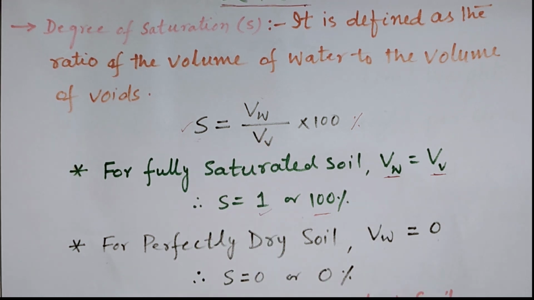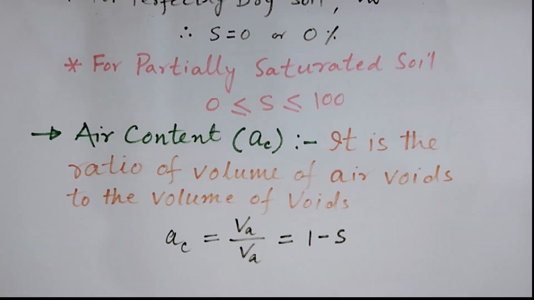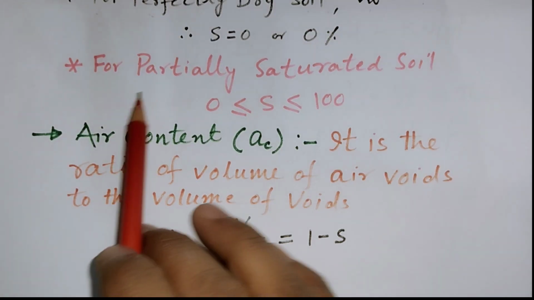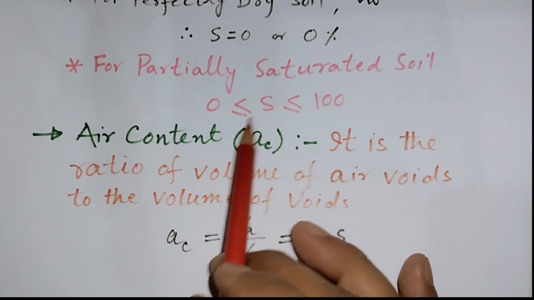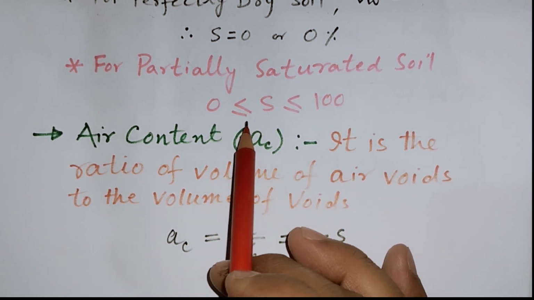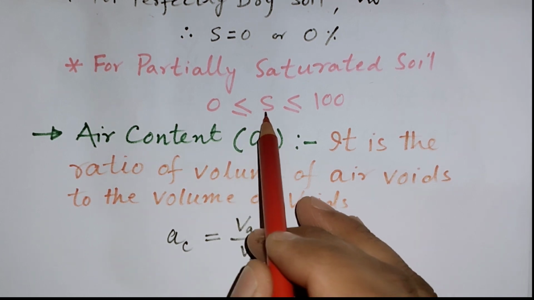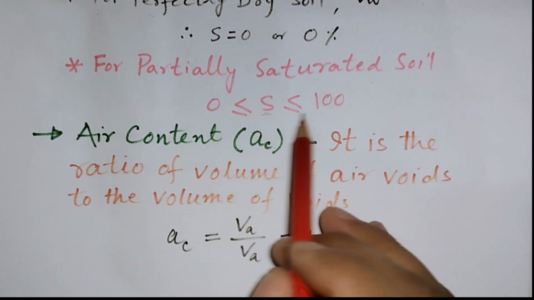So for perfectly dry soil, degree of saturation will be 0 or 0%. And for partially saturated soil, means voids are filled with both water and air, then the degree of saturation will vary from 0 to 100.